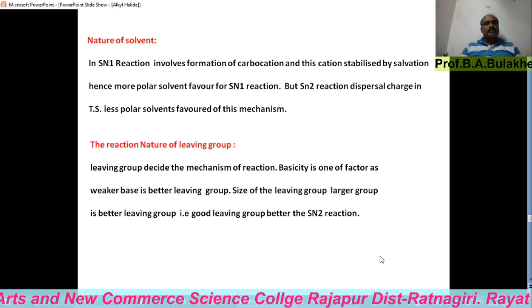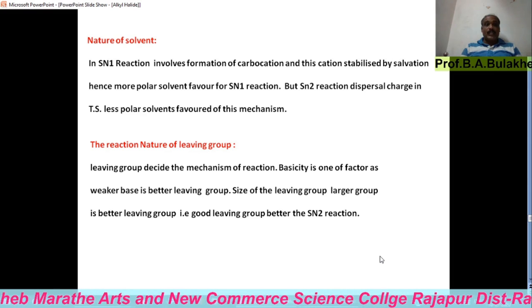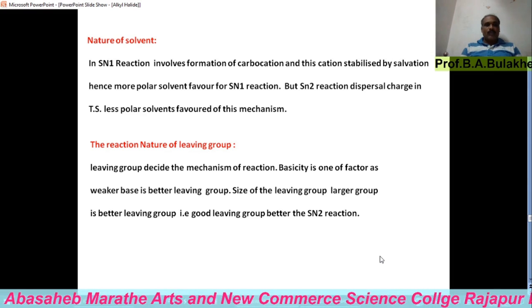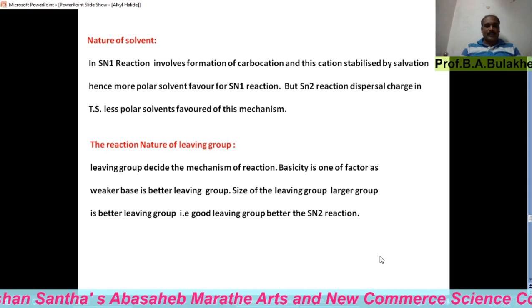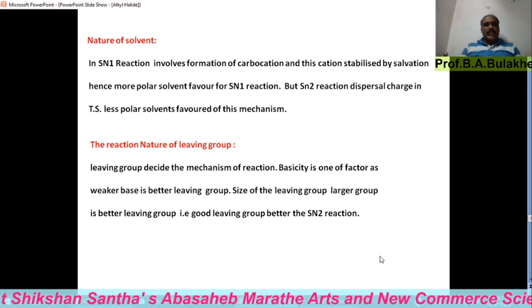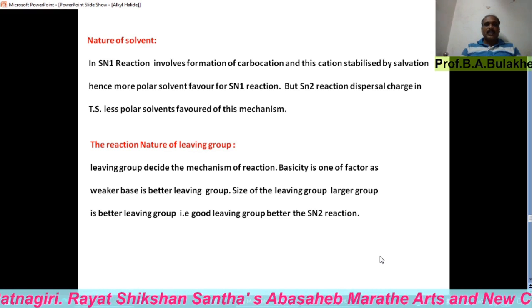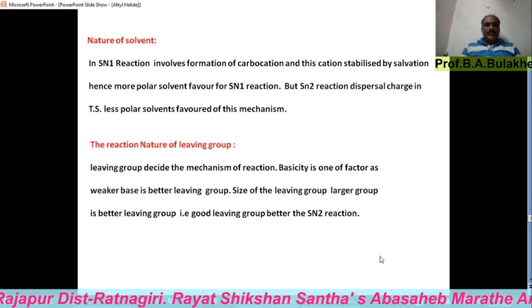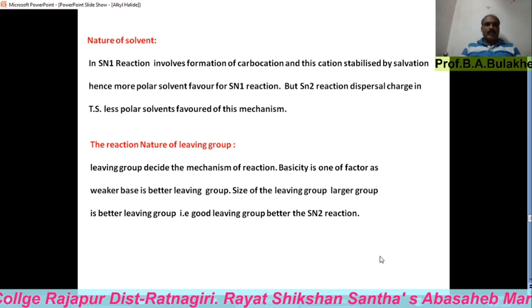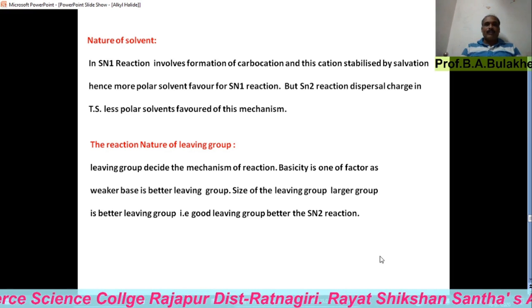Another factor, the nature of the leaving group. The leaving group also decides the mechanism, SN2 or SN1 reaction. We know that basicity is one of the factors related to the rate of reaction. The weaker the base, the better the leaving group, because the size of the leaving group will be large.